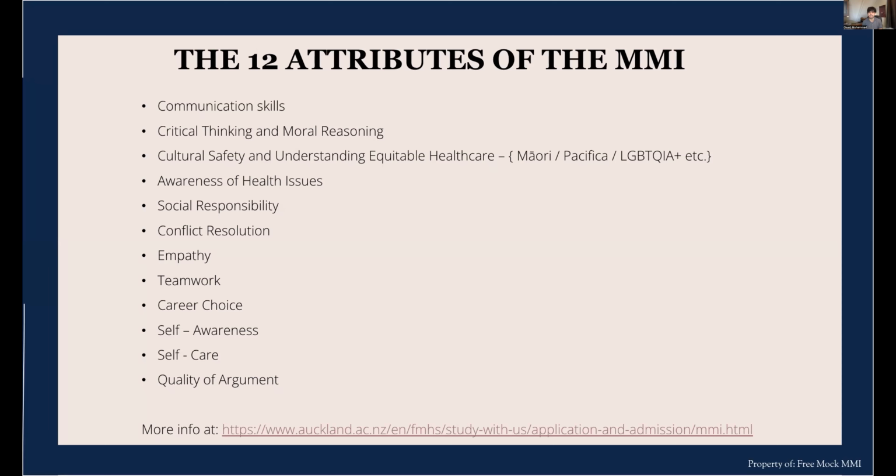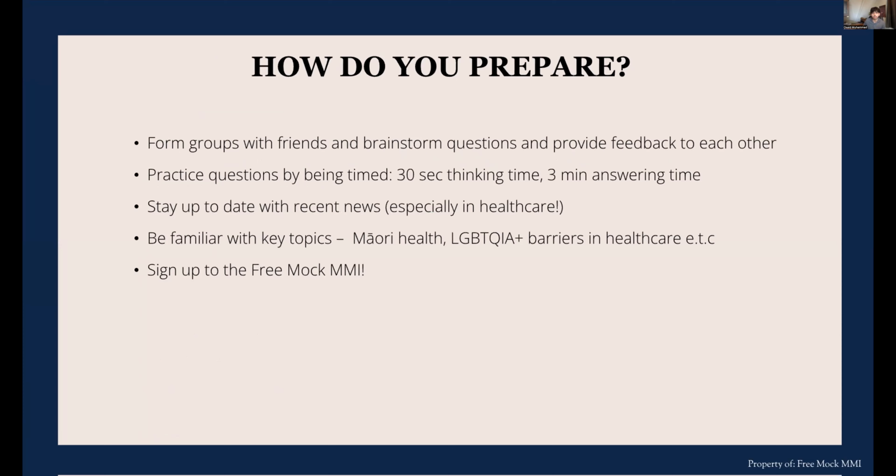There's nothing here about science or stuff you learn about in lectures, right? It's entirely about who you are as a person and who you are as a future clinical student. So it's going to be about stuff like how you communicate, how you reason through ethical problems, how you understand equity, and how you collaborate with other people. There's lots of really important ones here that you really should know thoroughly.